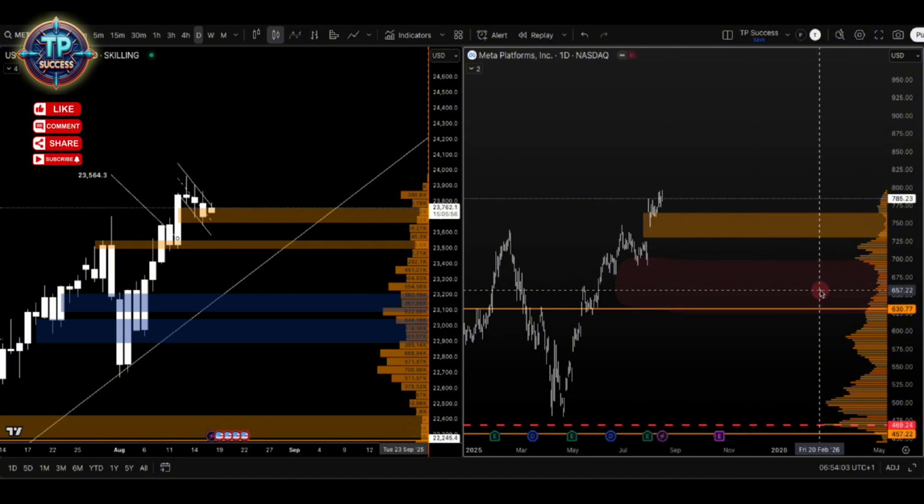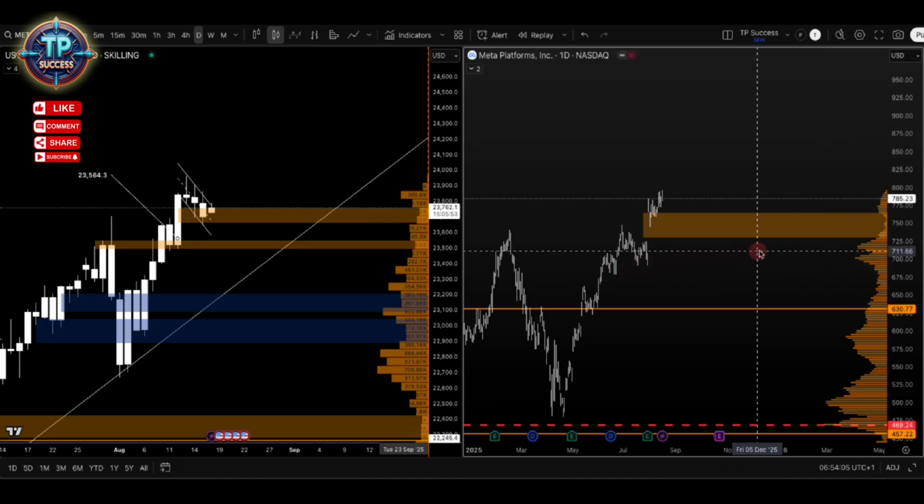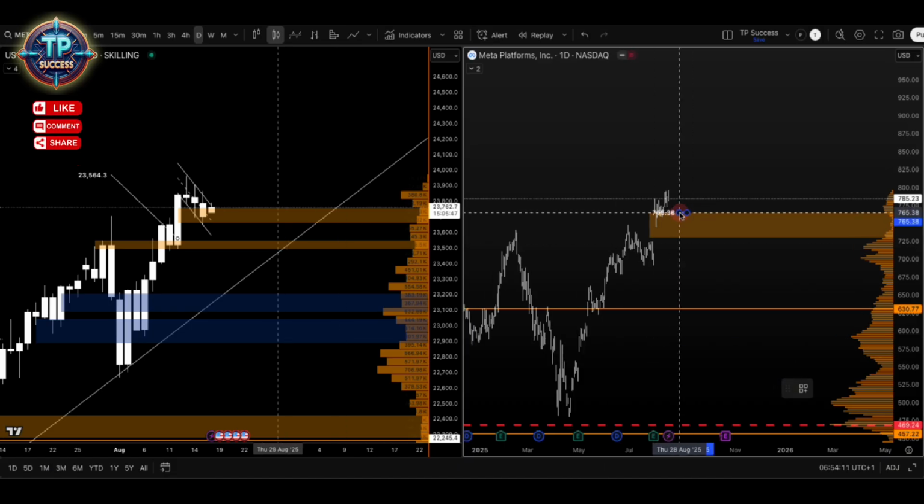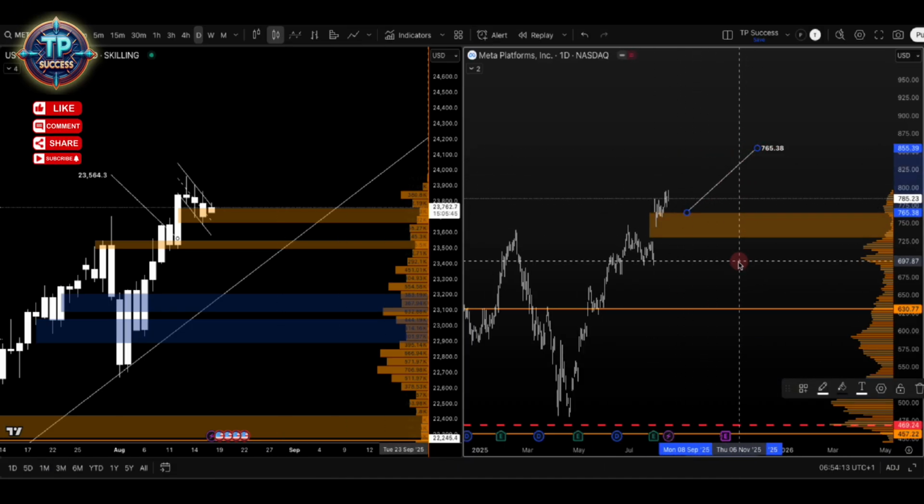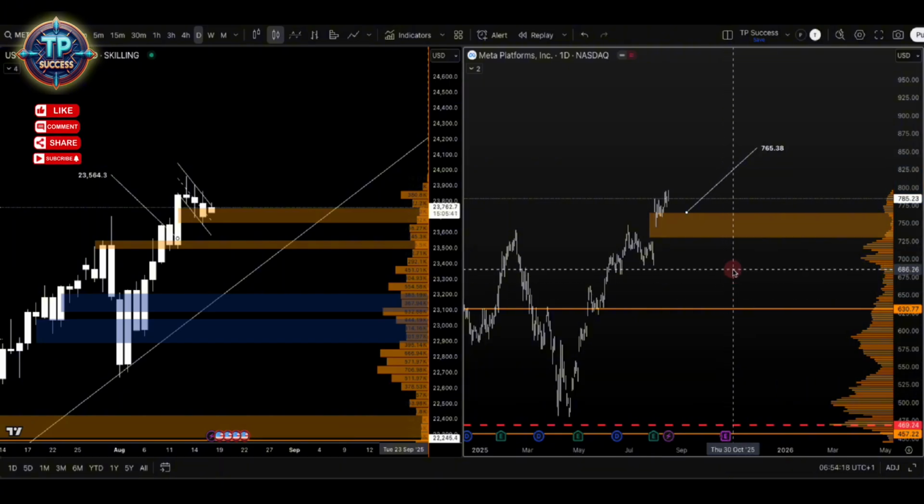Now, if it doesn't do that and it decides to blast off, it will retest this location. It will retest this location and then move away from it, and that will be 765.38, right?